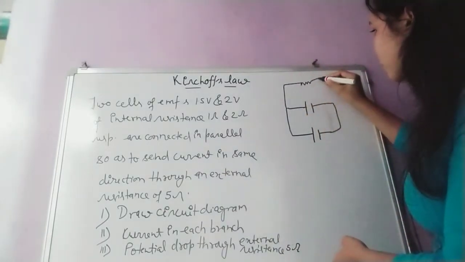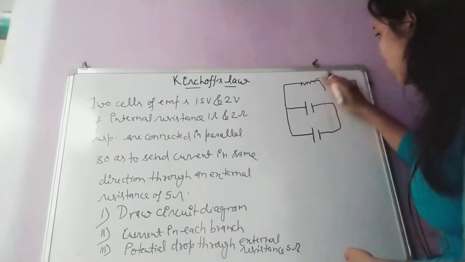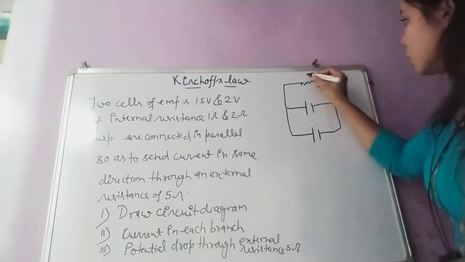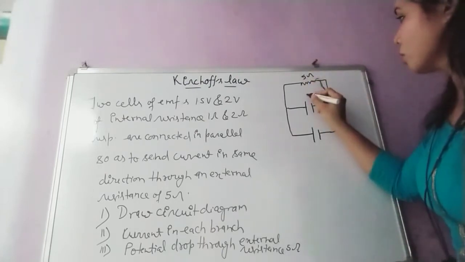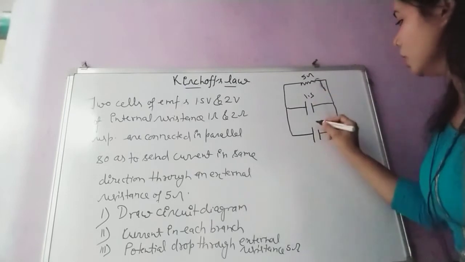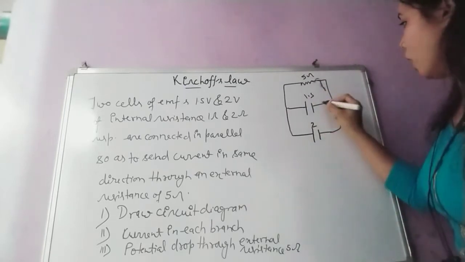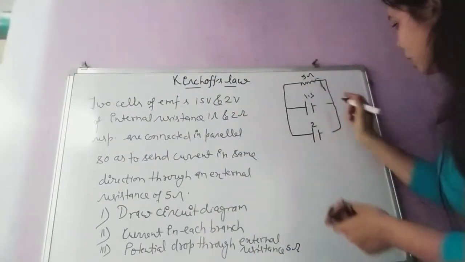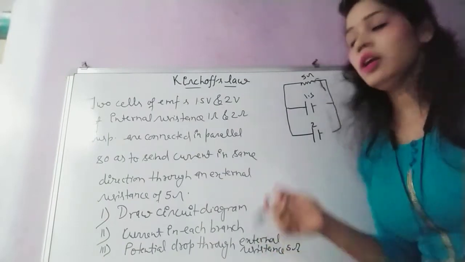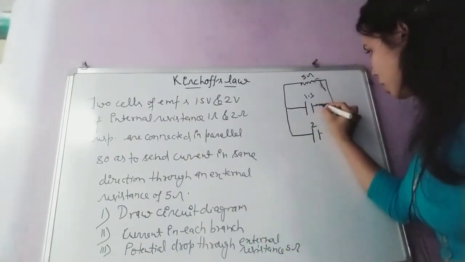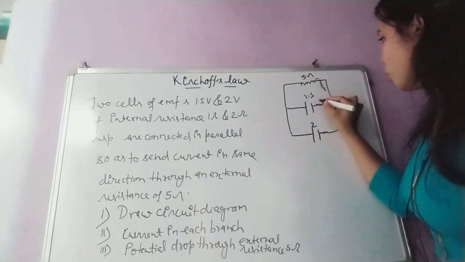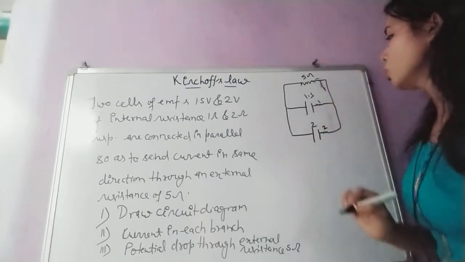This is the external resistance, 5 ohm. This one is 1.5 volt and this is 2 volt. You will draw internal resistance because internal resistance is of the cell, so just near the cell you will draw internal resistance like this. It is 1 ohm and this one is 2 ohm.